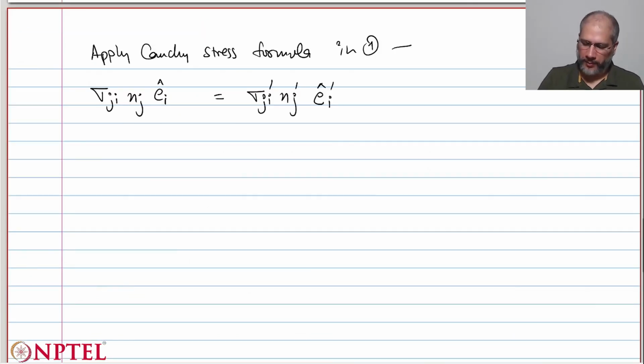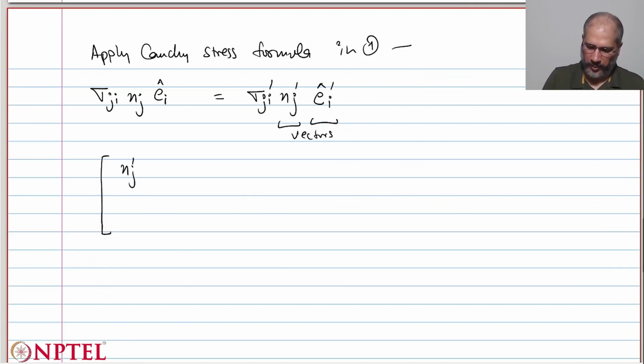Now we know that n_j prime and e_i prime are vectors. That's a known fact. So we can transform these in the non-primed coordinate system, because our aim is to somehow cancel it with these. How do we do that? We write the vector transformation property.